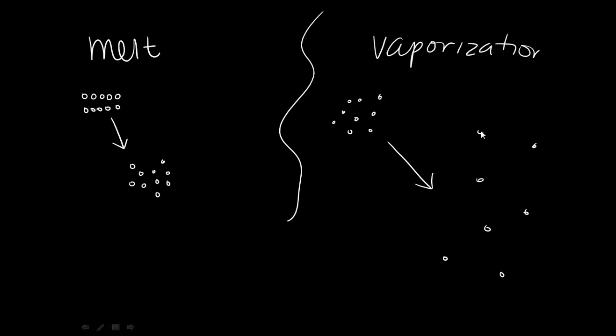Okay, and in order to get all that space in between them, in order to go from that intermolecular distance to this intermolecular distance, you have to put in a lot of energy to break that IMF and pull those molecules apart. So the delta H of fusion is always less than the delta H of vaporization because it takes more energy to vaporize and completely pull the molecules apart than it does to simply melt them and break them out of their locked-in position.